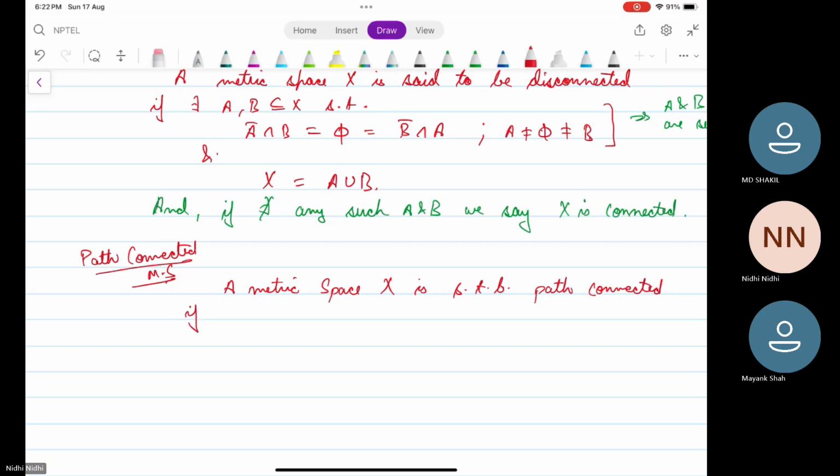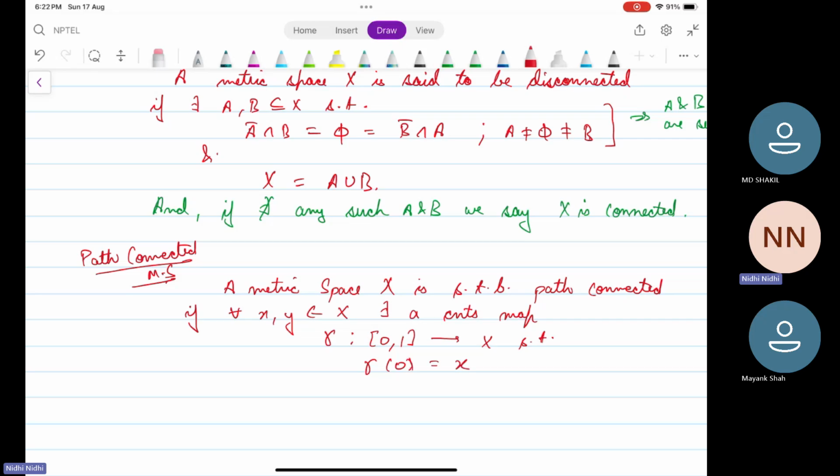if for any x and y in X there exists a continuous map gamma from [0,1] to X such that gamma(0) is x.